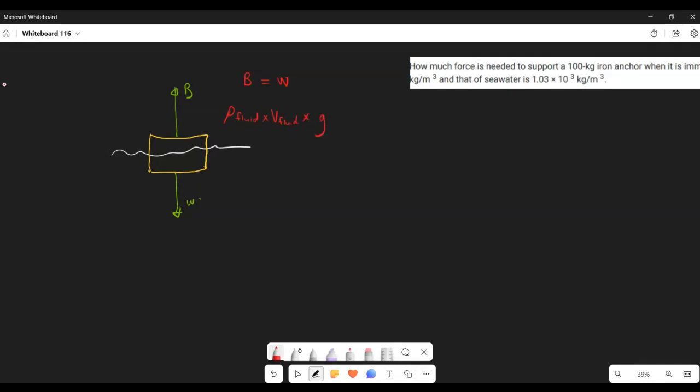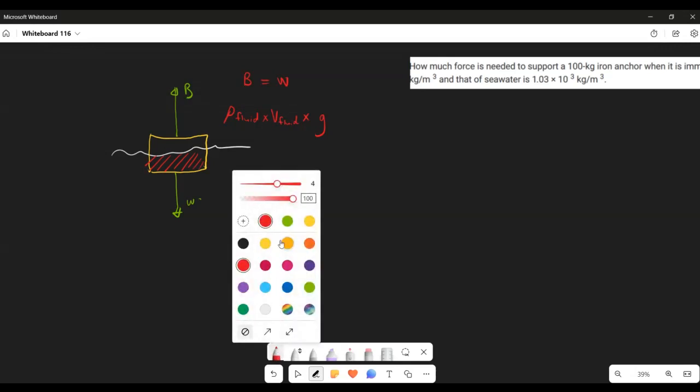Again, this is just mass times gravity. That's force. You know what weight equals: force, mg, right? And obviously mass is rho V. I've mentioned this before. And when I say displaced, I mean this volume, not the whole volume, just the volume displaced.